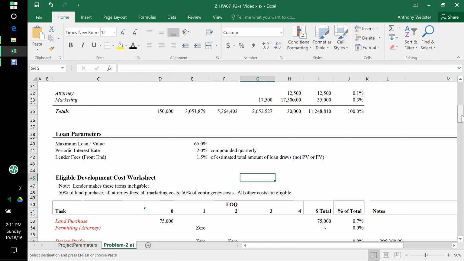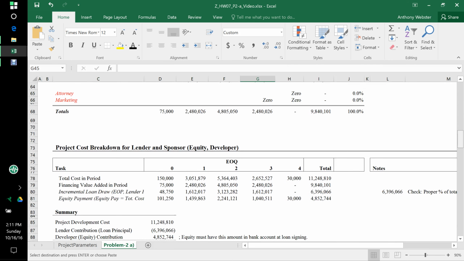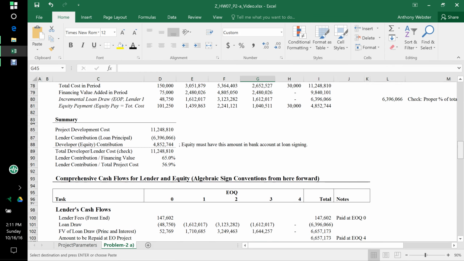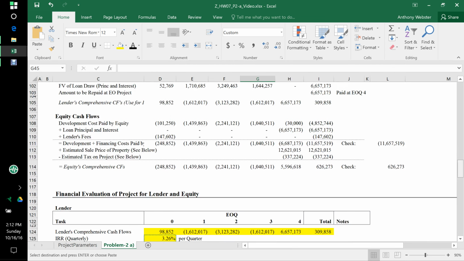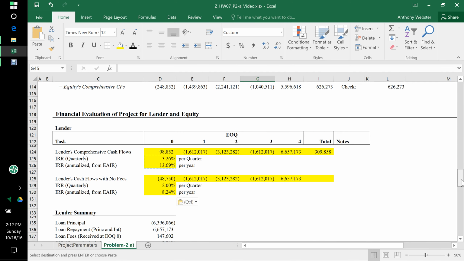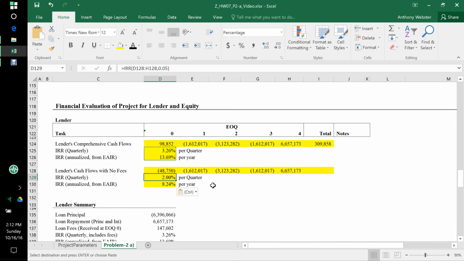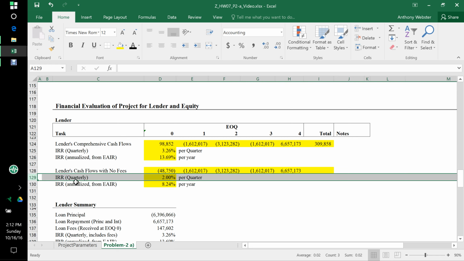So if there are no fees, she's lending money at 2% per quarter, that is the interest rate for the problem. And as we know, same thing as the discount rate for the whole problem. And then here again, I've just taken the EAIR. So this is a good thing to know that the IRR for any lender, if there are no fees, is simply the interest rate or the discount rate that the lender is charging.